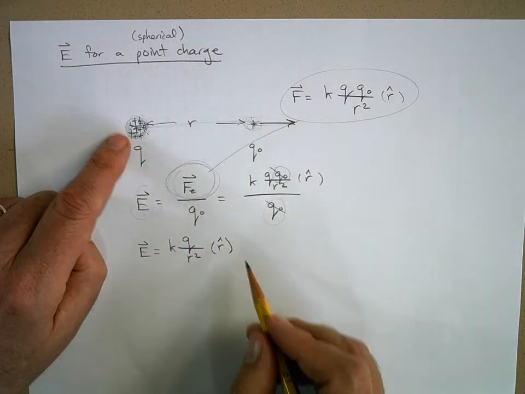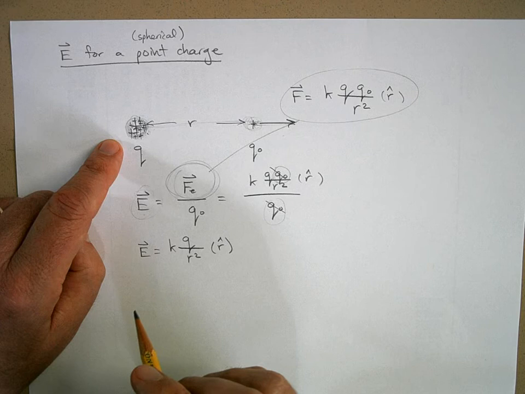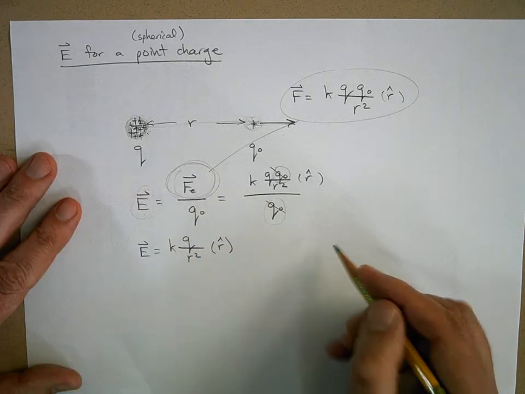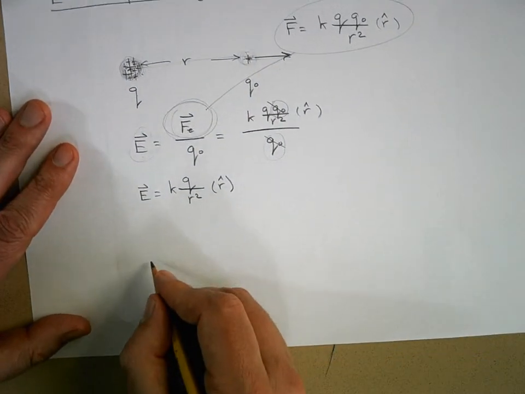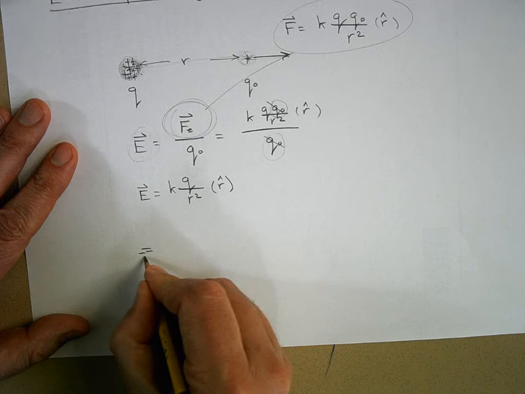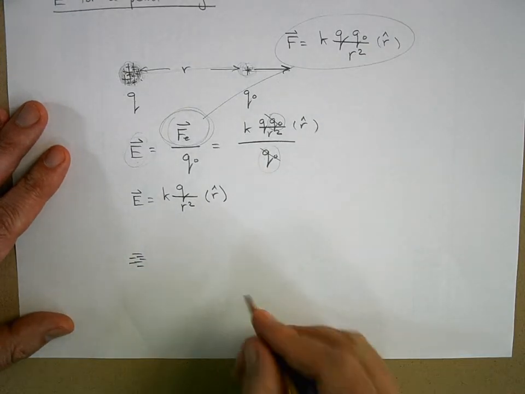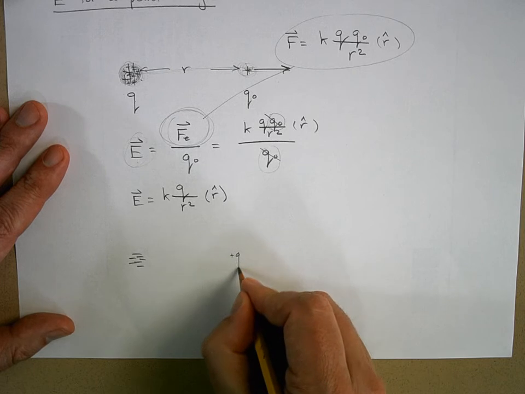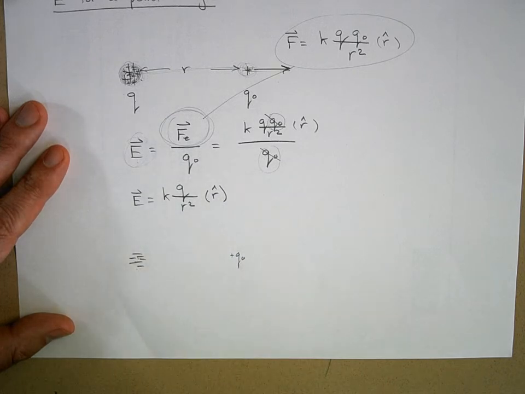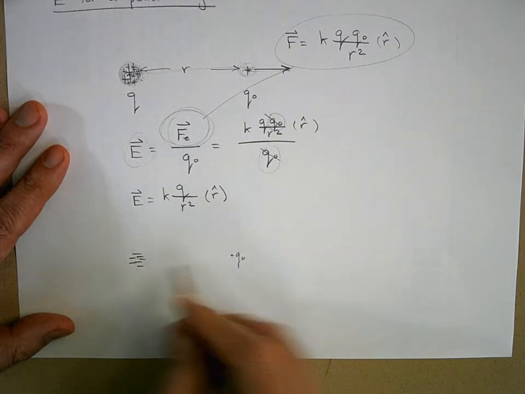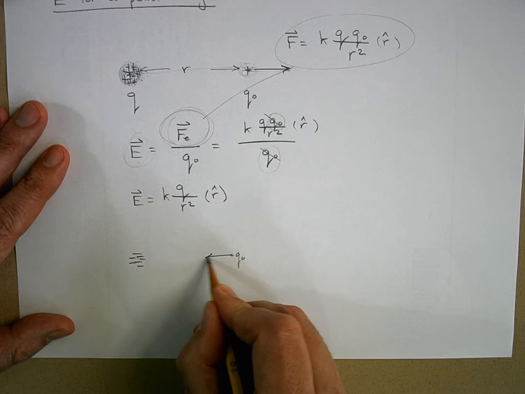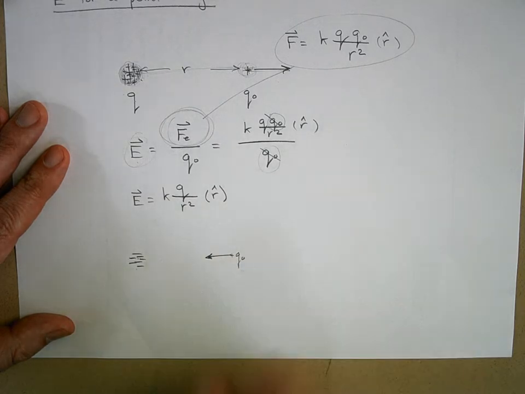What if this was a negative charge? What if Q was negative? So let's put a negative spherical charge here. Okay, and here's my little positive test charge. Well, my positive test charge is going to be drawn to it. It's going to be pulled that way towards it.